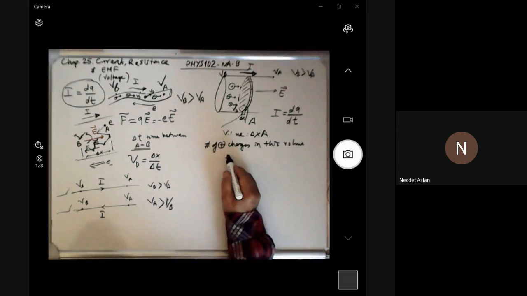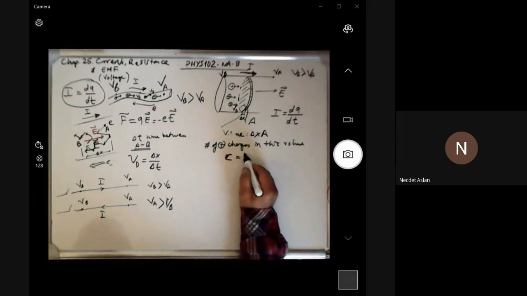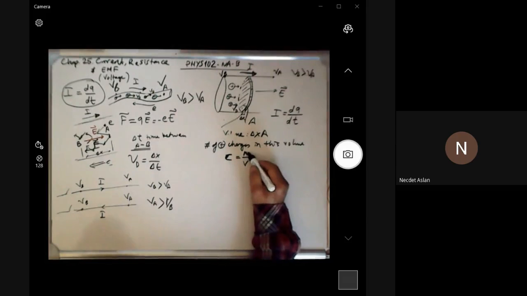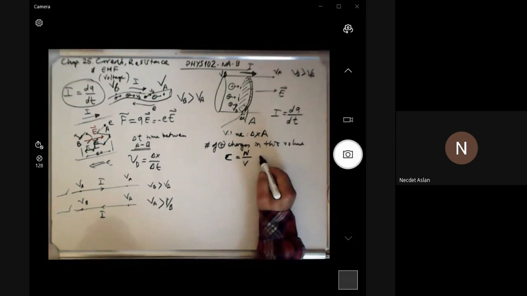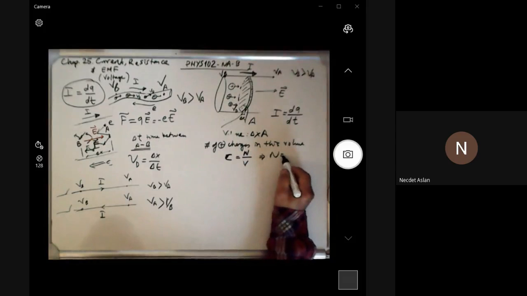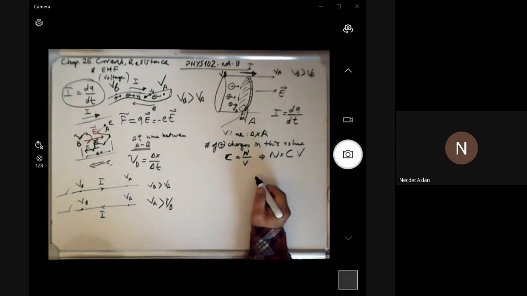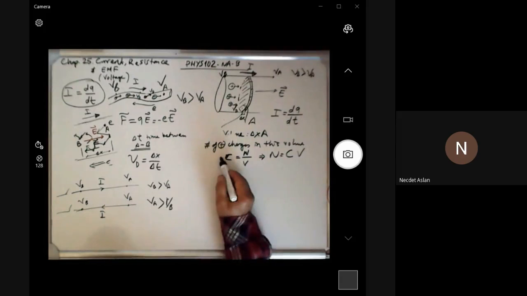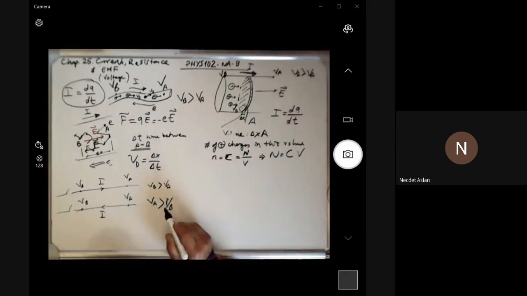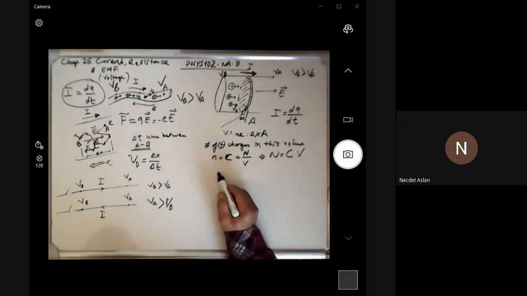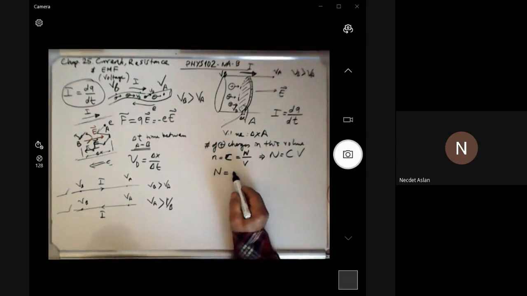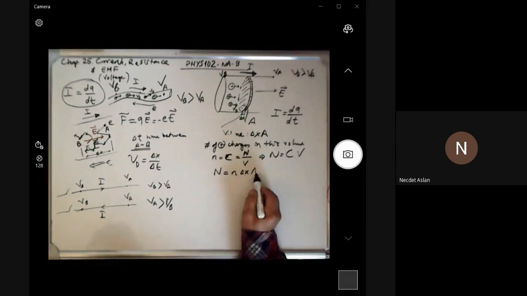The concentration is given as the number of particles divided by the volume. So the number of particles is given as concentration times the volume. Sometimes this concentration is shown by a small letter n. So the number of particles is just n times the volume, but the volume is delta x times A.